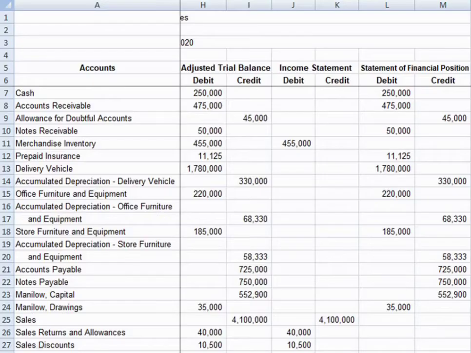Now, it's time to write the amounts on their appropriate place in the financial statements. The income statement should be prepared first. So let's concentrate on these income statement columns of the worksheet.